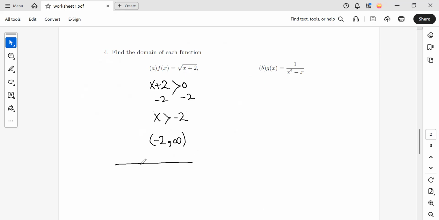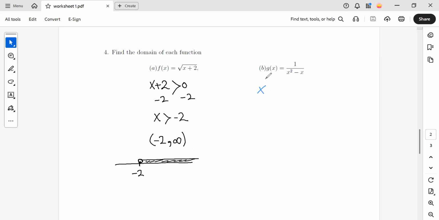Or you can use number line, and if it is negative 2, it will be open circle here because we don't have negative 2 on the right side of that. For part B, a quotient is defined whenever the denominator is not 0.